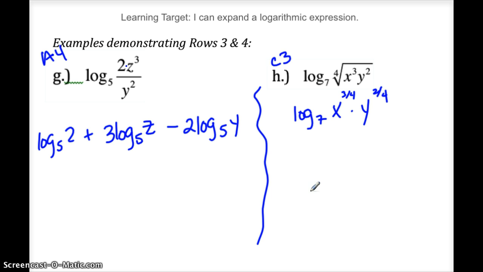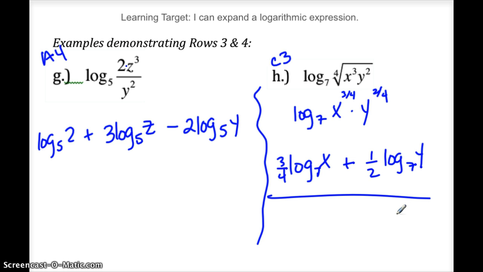Okay, so since x and y are multiplied, we're going to break up with addition. Log 7x. 3/4 comes out front though, plus log 7y, but the 2/4 comes out front, and I'm just going to go ahead and reduce that. 2/4 reduces to a half, so that would be my expansion.